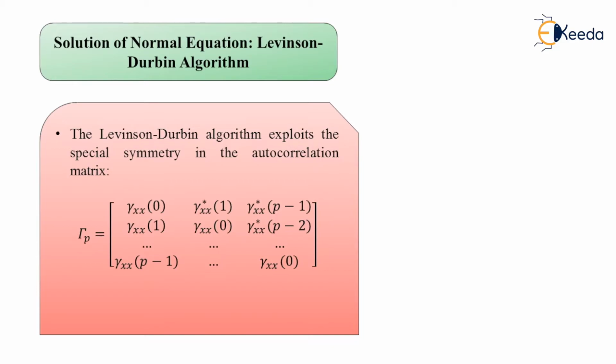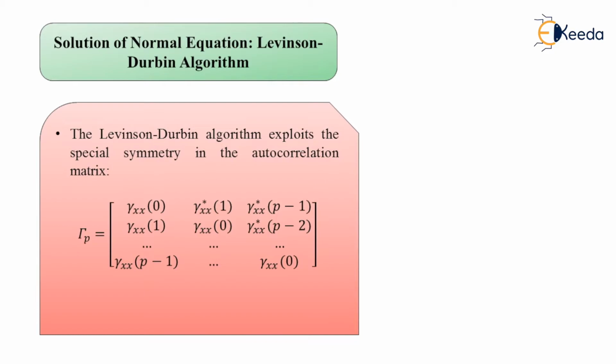In the second row we have gamma suffix xx of 1, gamma suffix xx of 0, and the conjugate form of gamma suffix xx of p minus 2. This way we have the last row gamma suffix xx of p minus 1, up to the last element, which will be gamma suffix xx of 0.